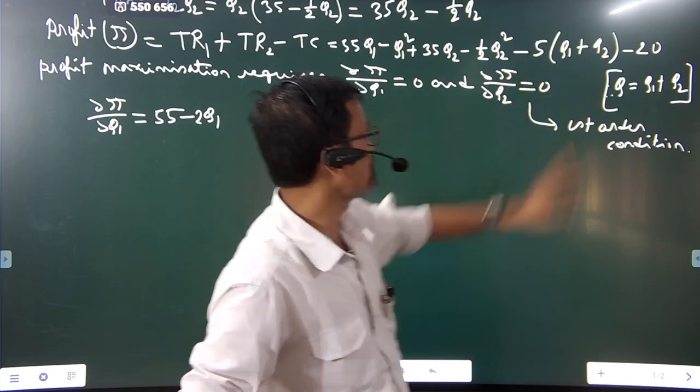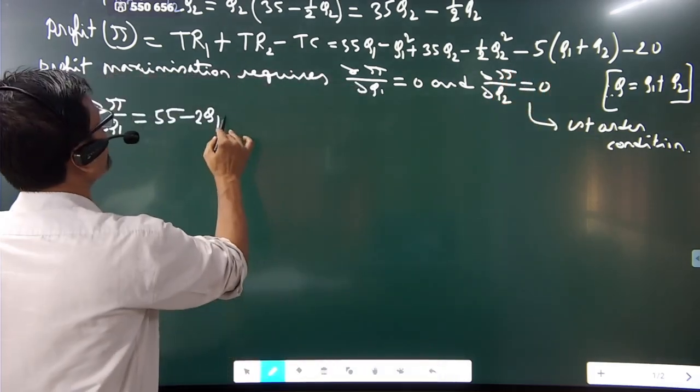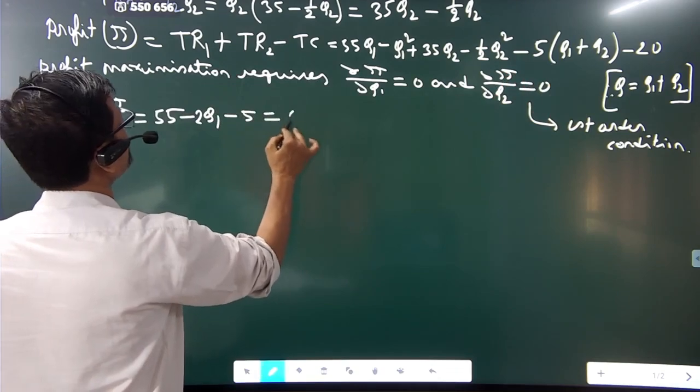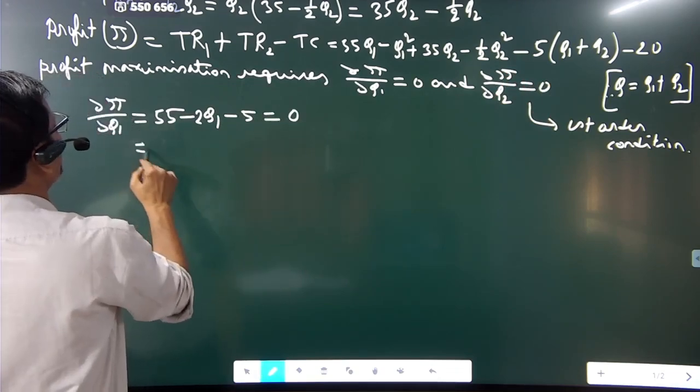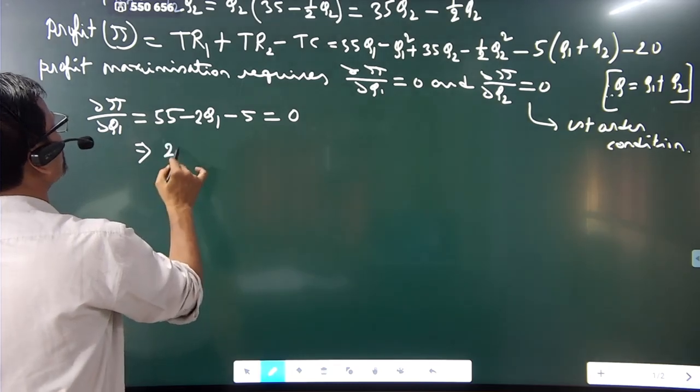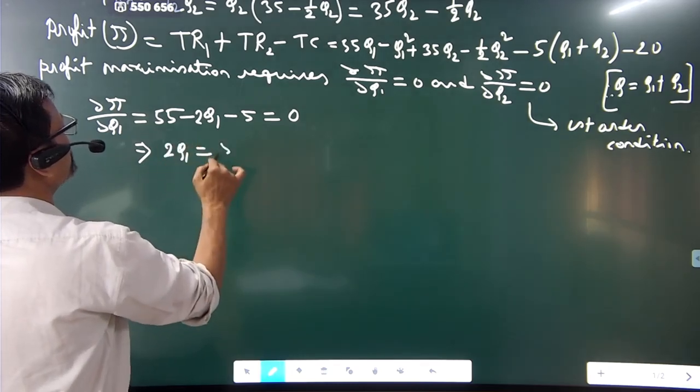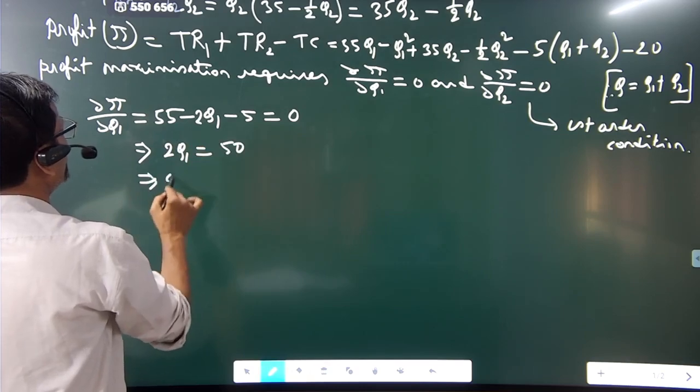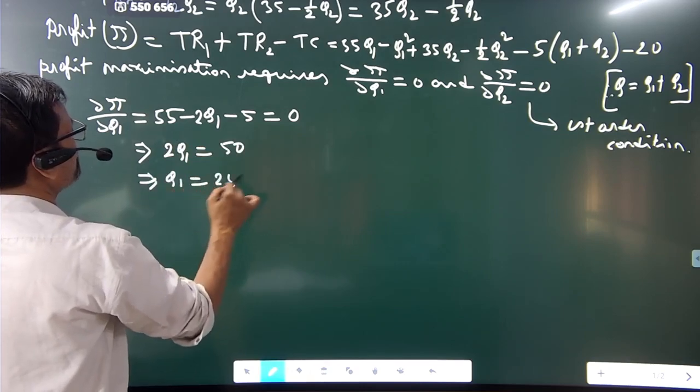Minus 5 Q1 gives minus 5, and that equals 0. So obviously 2Q1 is equal to 50, or Q1 is equal to 25.